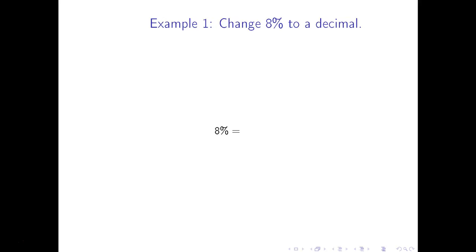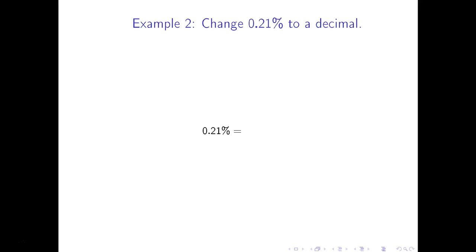So I have 8%, and the question is, how do I change 8% to a decimal? Well, remember, percents to decimals, I'm going to take the decimal place, which is right here behind the 8, and move it to the left 2 spots. So this comes out to be 0.08. Okay. What about 0.21%?